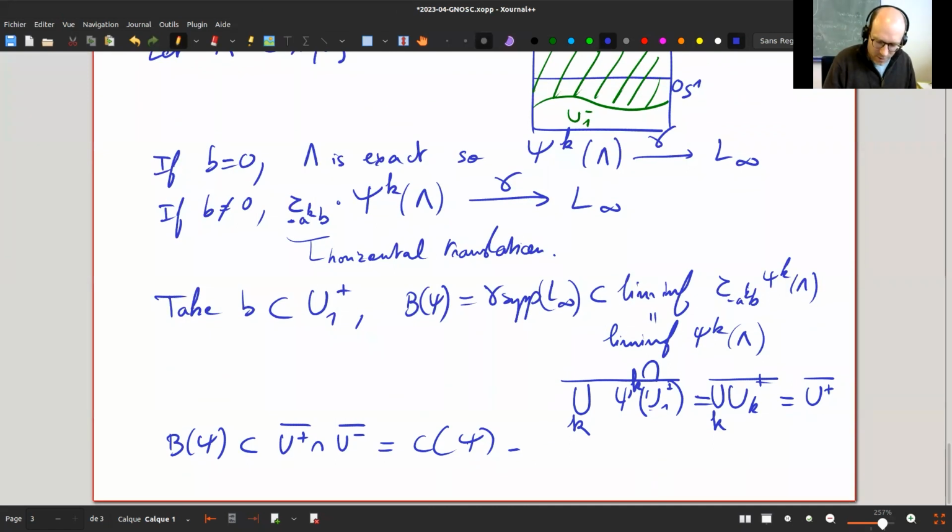This C of psi has a minimality property, which is well known. It's minimal among all compact connected subsets which are invariant and separate the annulus in two components. And so as a consequence, we get the equality quite easily.